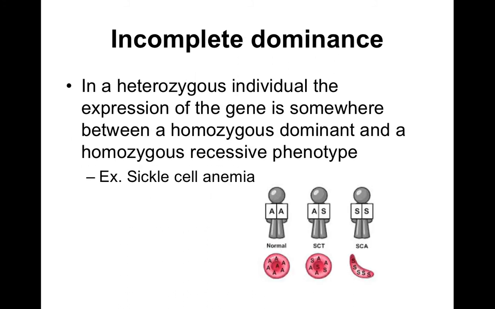And incomplete dominance is where the gene is somewhat in between the homozygous dominant and homozygous recessive. The best example that they have here is sickle cell anemia. So this is the heterozygote, and it's somewhere in between homozygous recessive and homozygous dominant.